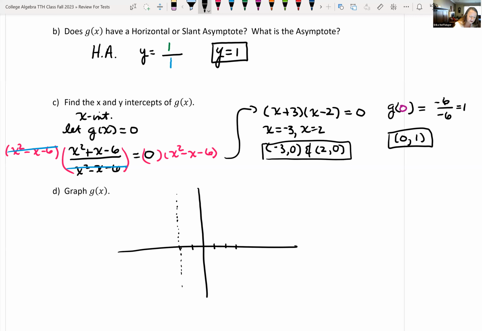It's not really part of the graph, though. So vertical lines at x equals -2 and x equals 3. And then we have a horizontal dotted line at y equals 1. Plotting my points, we had some points at -3, 0.